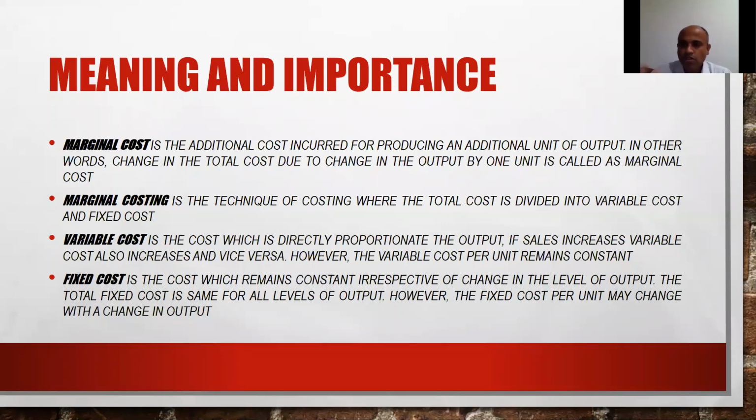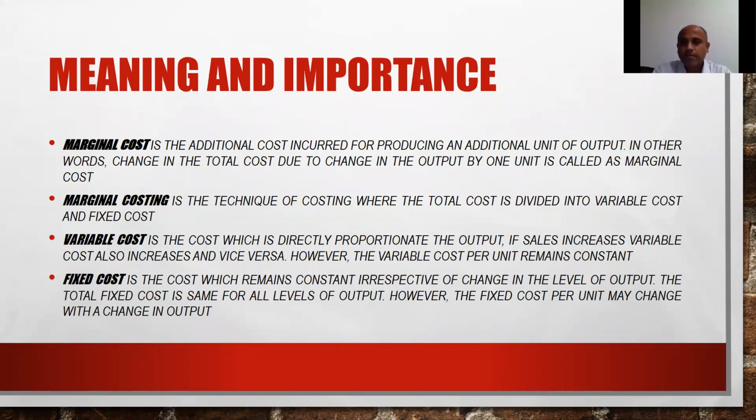When I produce 101 units, my total cost is 1020 rupees. Now, can you tell me what is the difference in the quantity and what is the difference in the cost?